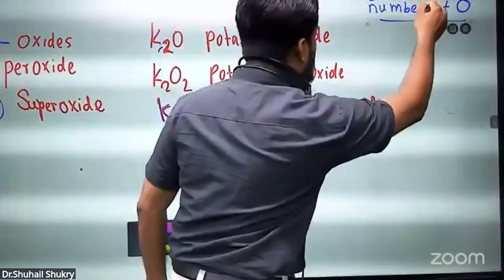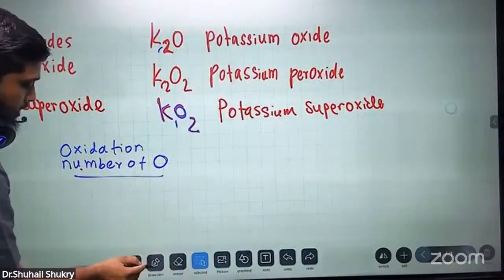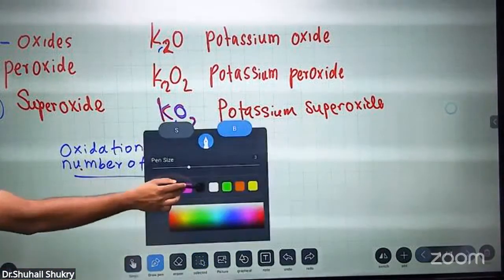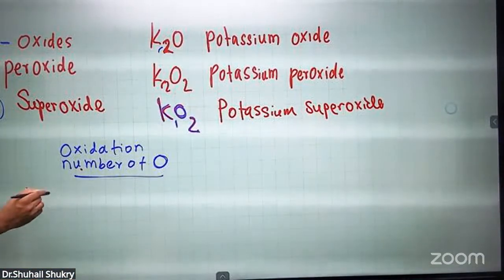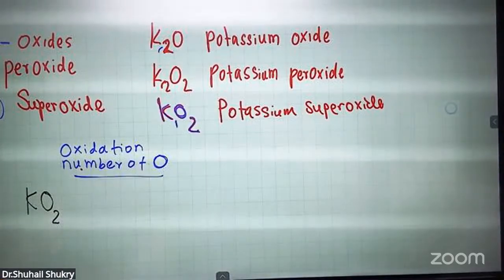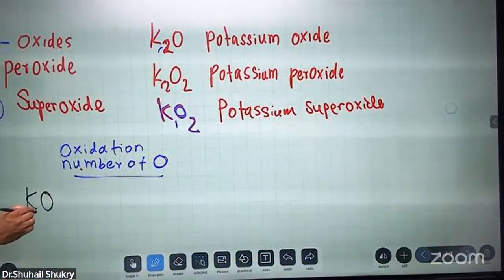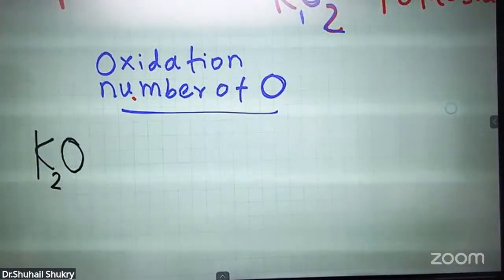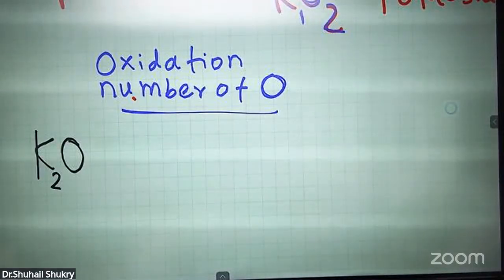If I write potassium oxide, normally I said to take oxygen as -2. But here we have to find oxygen, therefore don't take oxygen as -2 here.